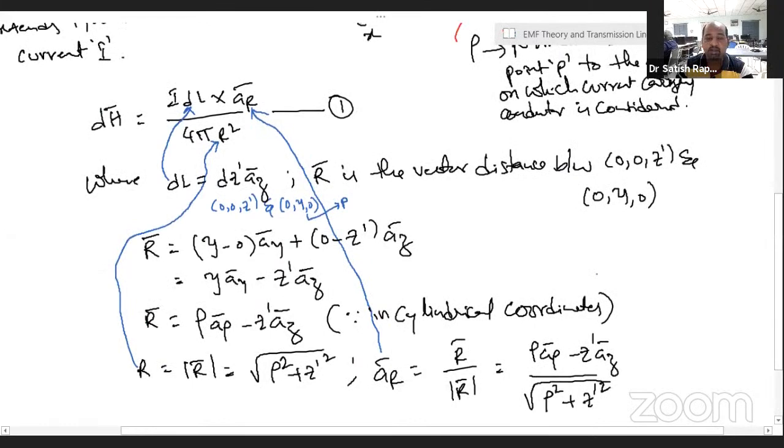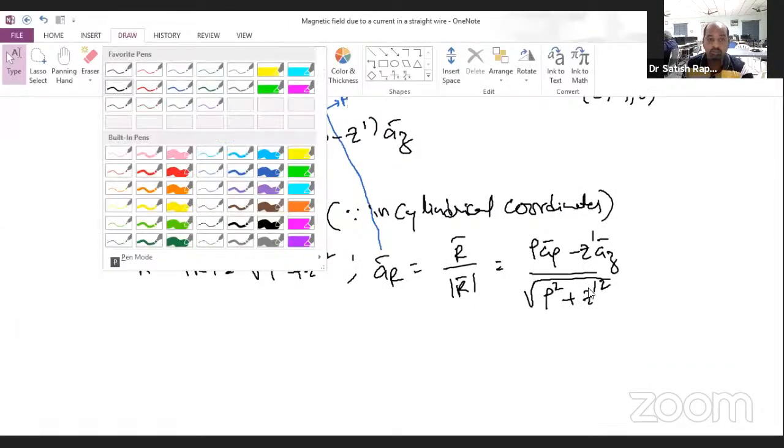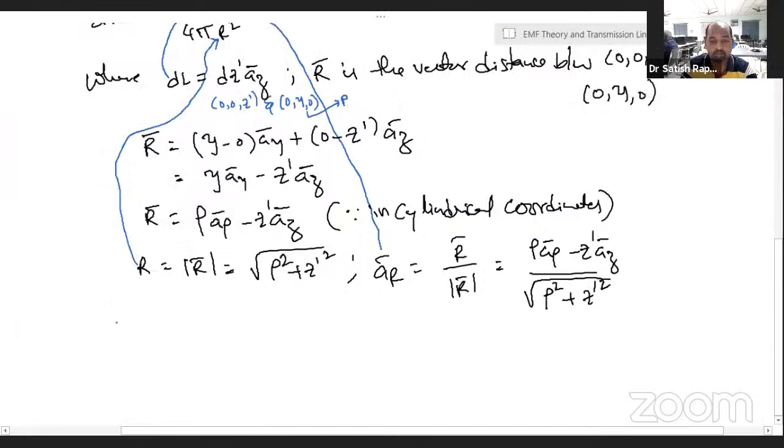And as shown, substitute dl, r, ar bar in equation 1, we will get, so let us do it. dh bar is equal to Idl cross ar bar by 4 pi r square. So what is dl? dz dash az bar.